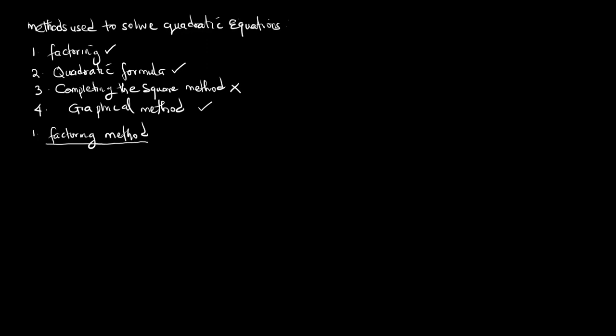In the factoring method, the main aim is to find the factors of any particular quadratic equation. It's clearer when we look at an example. Let's take example one, a very simple example.